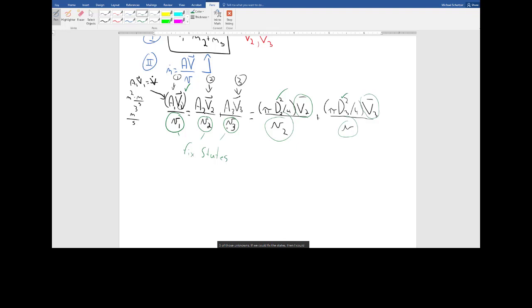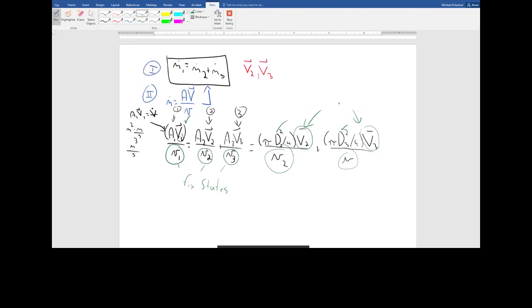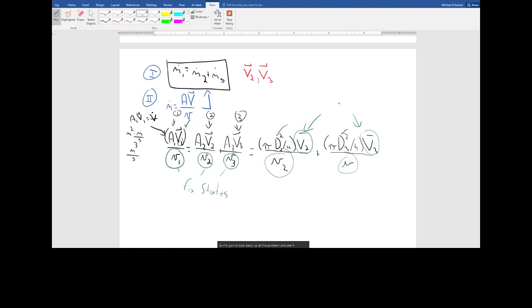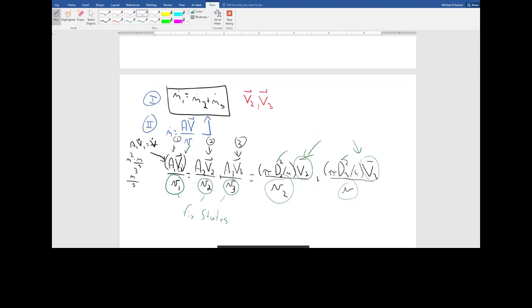But I still have a problem here because I've got 2 velocities here that I don't know. So I'm going to look back up at the problem and see if there's some other piece of information that'll give me some other equation. Because even if I could fix all of these specific volumes, I'd still have 1 equation and 2 unknowns, which means that I can't get an answer, right?